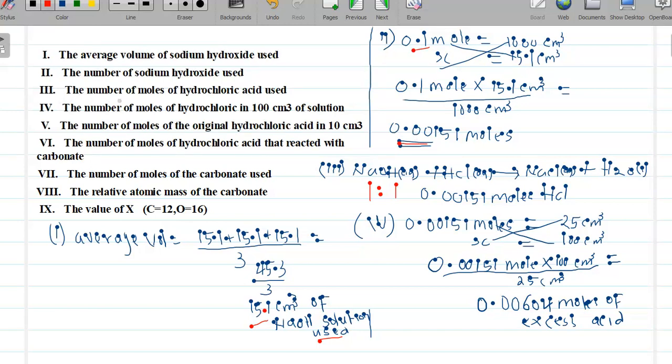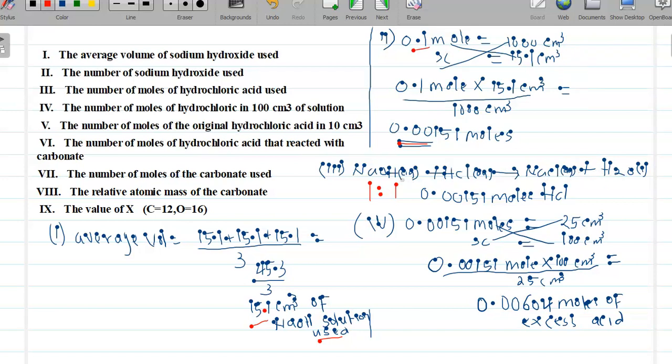Question 3 is asking the number of moles of the hydrochloric acid used. Since you have the number of moles of the base, sodium hydroxide, that reacted with the acid, to calculate the moles of the other solution, you react them. Sodium hydroxide solution plus hydrochloric acid gives sodium chloride plus water, base plus acid giving salt plus water, a neutralization reaction.